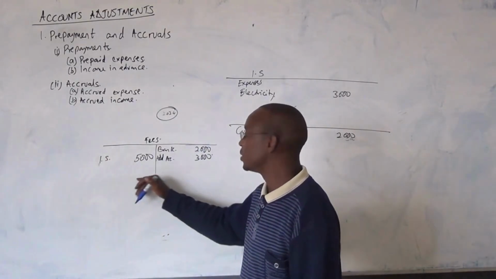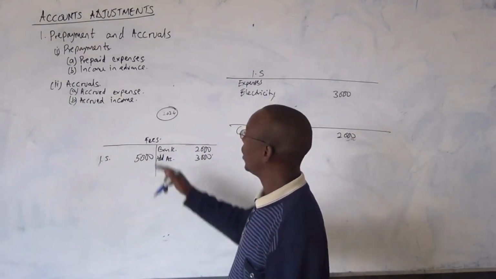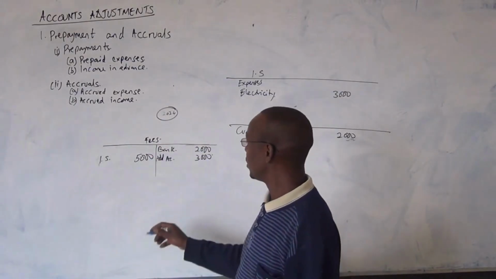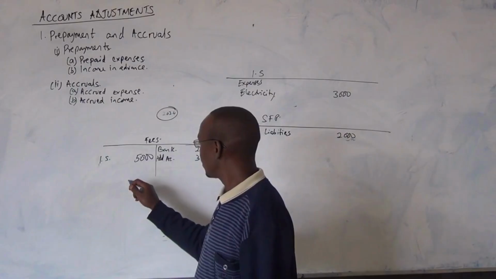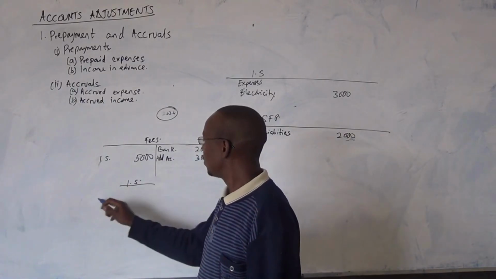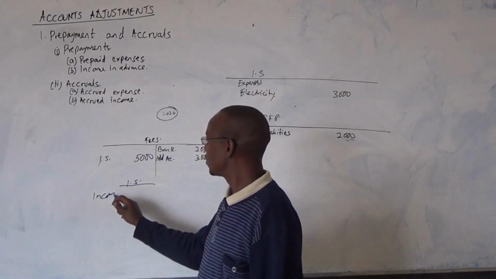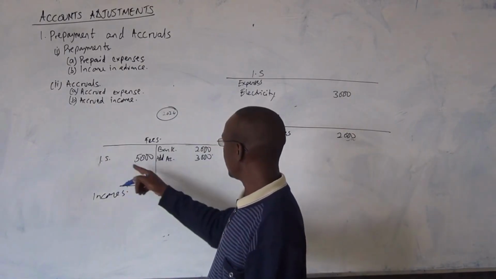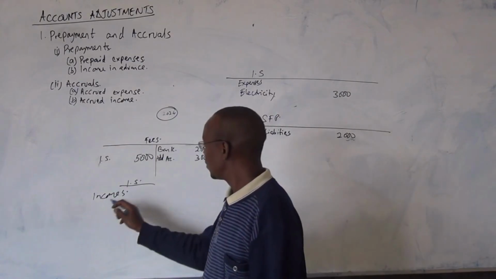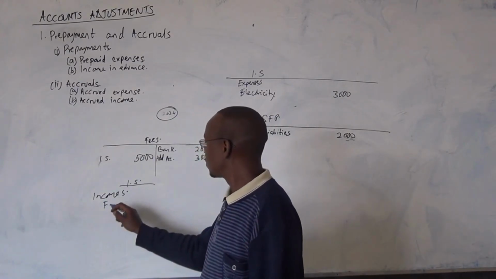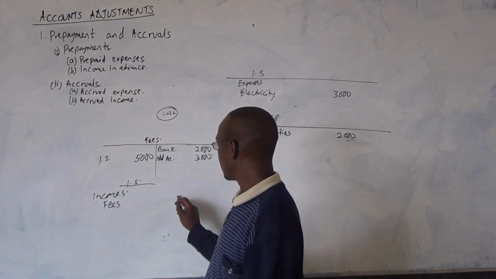So that is how we treat the accrual concept. And the accrued income is treated like that. So in the income statement, in the part of incomes, you recognize this one. Fees, 5,000. Okay?